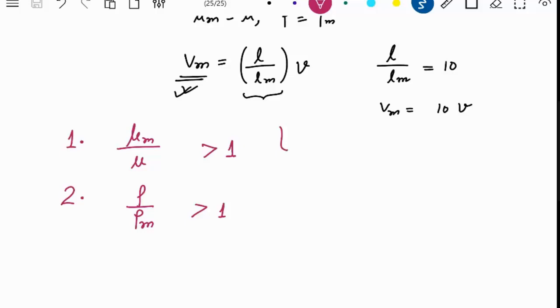So changing the viscosity is not an easy task. If you are taking the same liquid, then you can change the viscosity by changing the temperature. But changing the density is relatively easy. Let's say in the prototype and in the model you are using the same liquid.